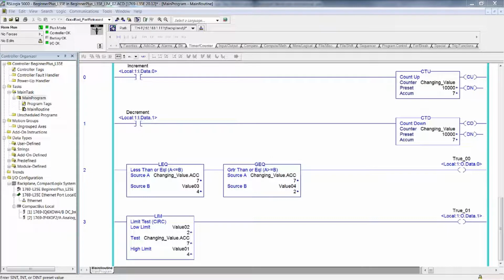Next, I had you plot true 0 on the top number line and true 1 on the bottom number line for comparison of rung number 2 and rung number 3 logical statements, meaning for what values was rung number 2 true. That would be plotted on the first number line, and then rung number 3 on the second number line.